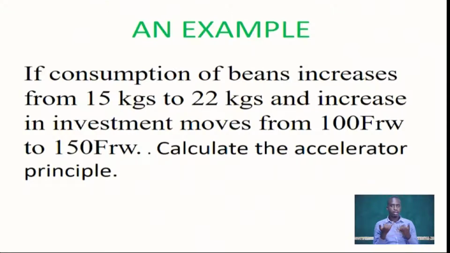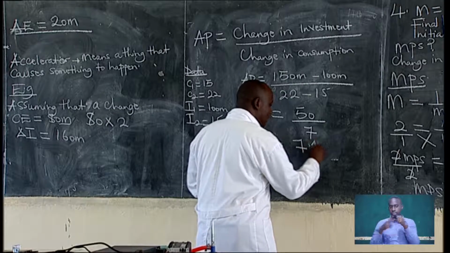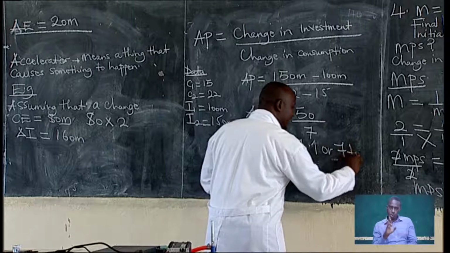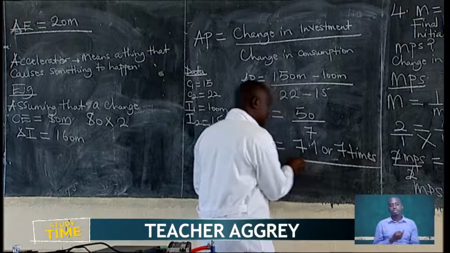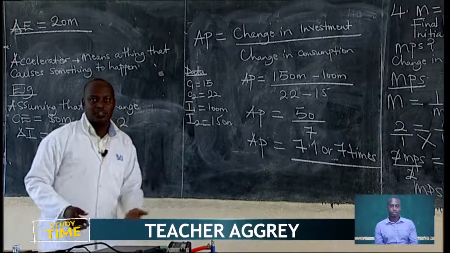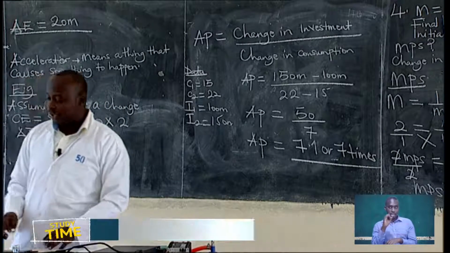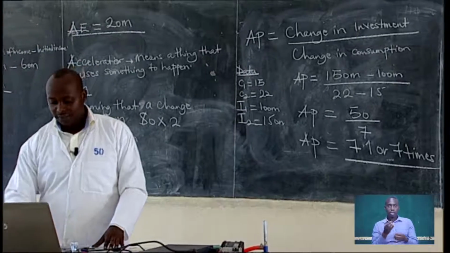Now, our accelerator principle is equal to 50 divided by 7, which gives us 7.142. We can round off to the whole number. So our accelerator principle is 7.1 or 7 times. That is how we get the accelerator principle: the number of times the initial change in consumption multiplies itself to give a final change in investment.